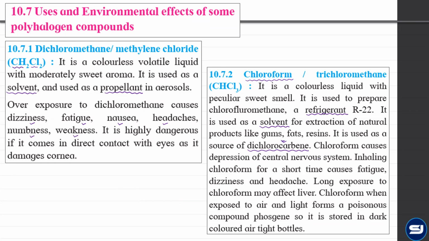Chloroform causes depression of CNS, that is central nervous system. Inhaling chloroform for a short time causes fatigue, dizziness, and headache. Long exposure of chloroform may affect liver. And chloroform, when exposed to air and light, forms a poisonous compound phosgene. Very important statement.